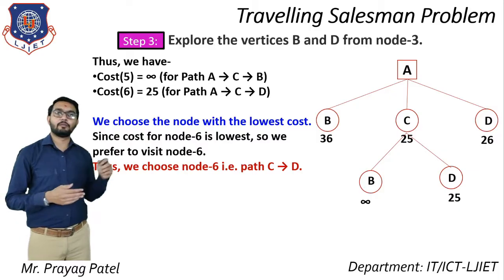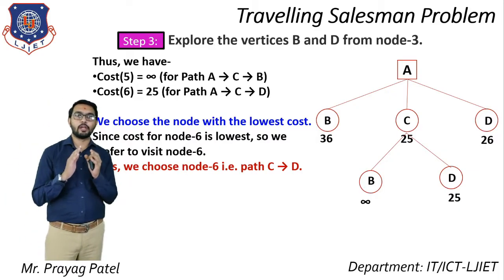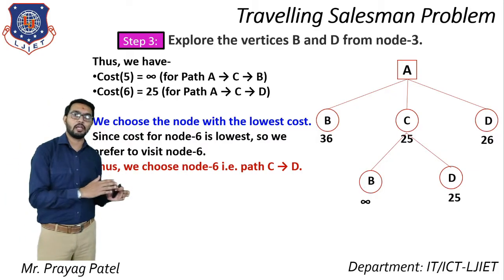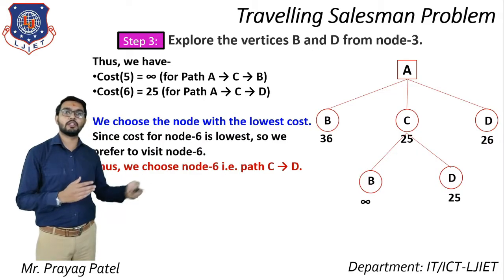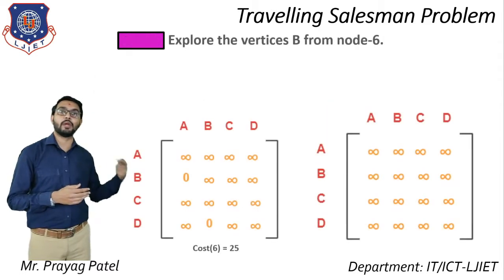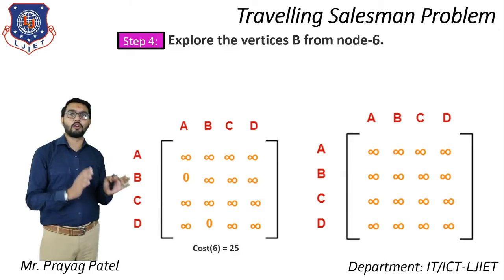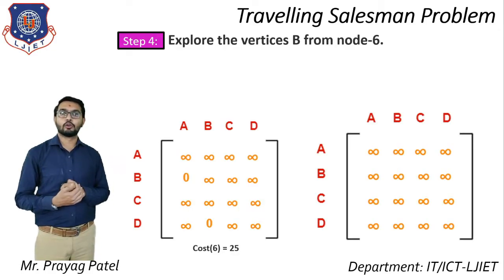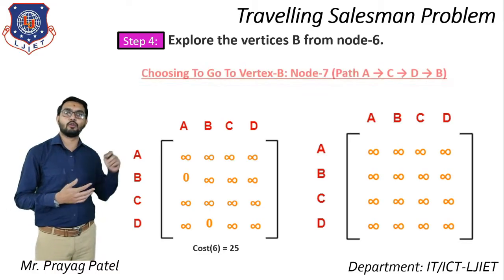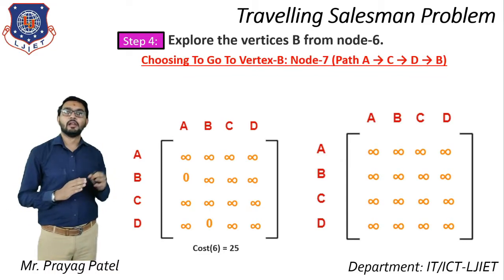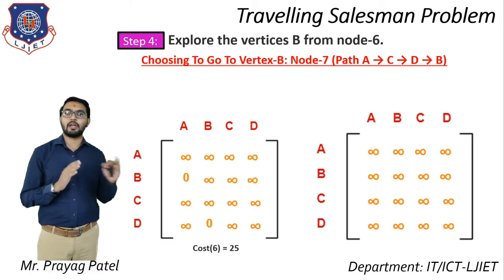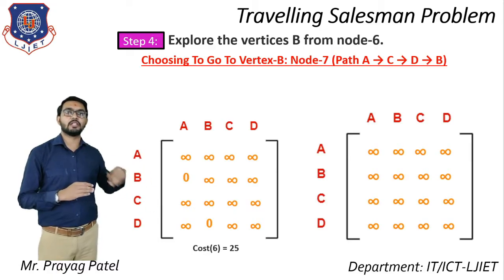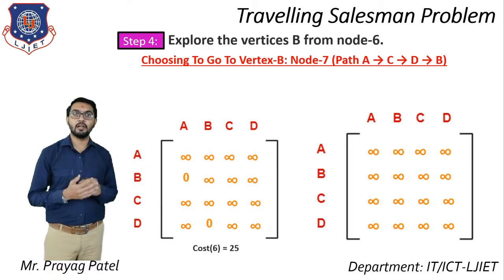Now after visiting node A, then node C, then node D, consider the next node as node B. So perform the operation for node B only, because only node B is the remaining node. So consider node 6 as your previous step. Now consider the previous step table as your input and perform the next operation.